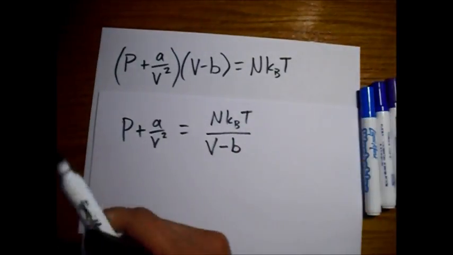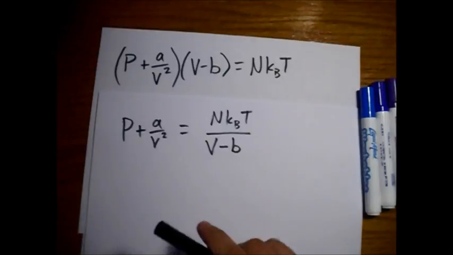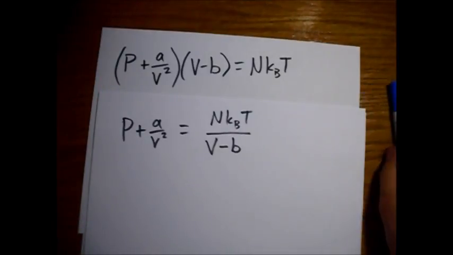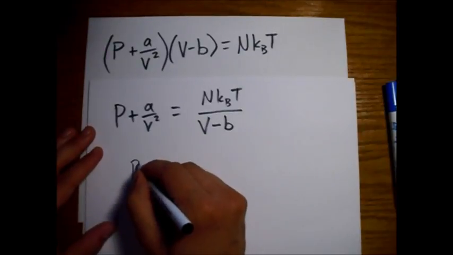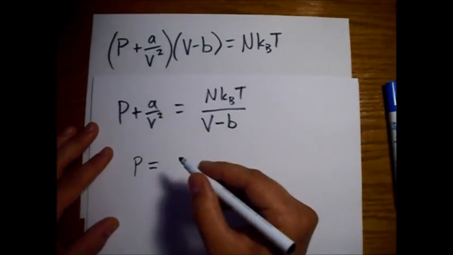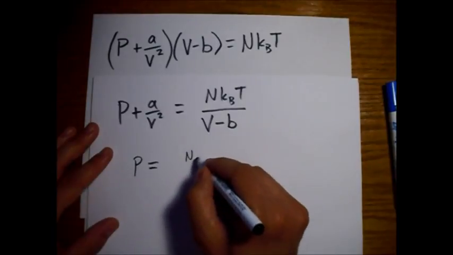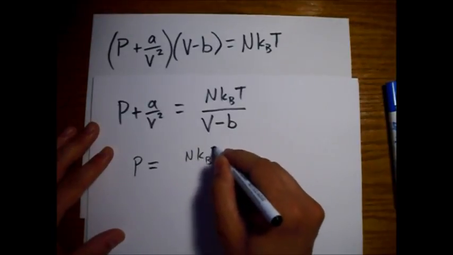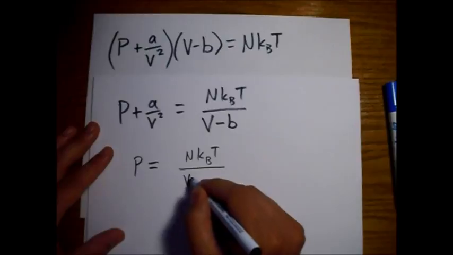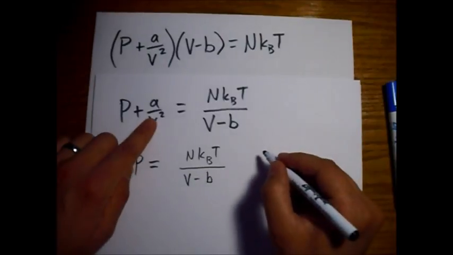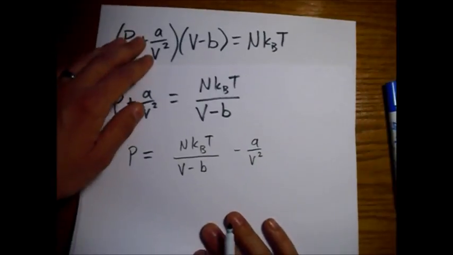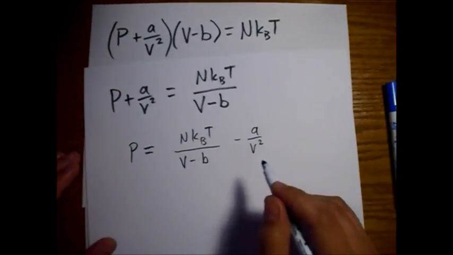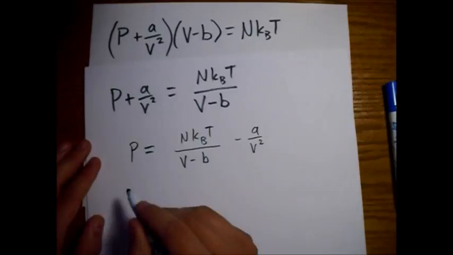This one's drying up a little bit. Hopefully we can still see it. Okay, now we have P is equal to N kB T over V minus B. Now we're just going to subtract A over V squared.